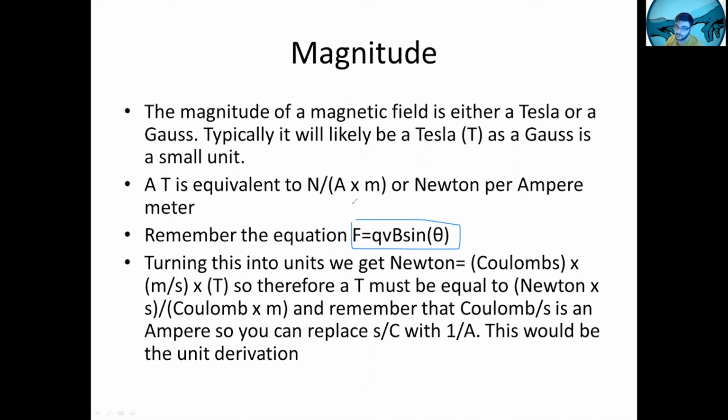And if we do that, we get newtons, because force is in newtons, equals coulombs, because charge is in coulombs. Velocity, you know, is in meters per second. Magnetic field is unknown. I'll just put x because this is what we're trying to find. And sine theta is unitless, right? It's an angle. So we can get rid of that.